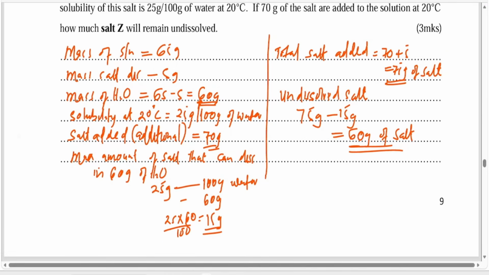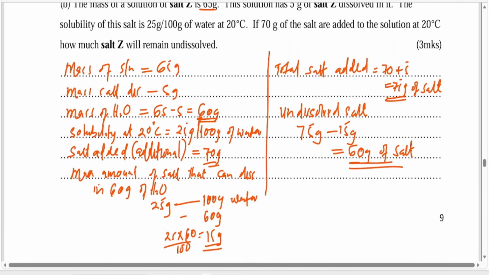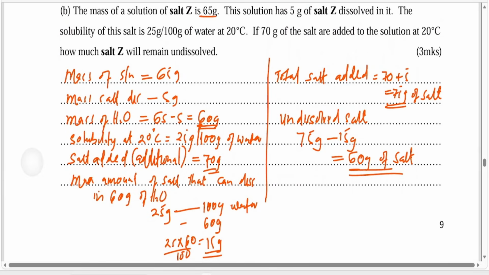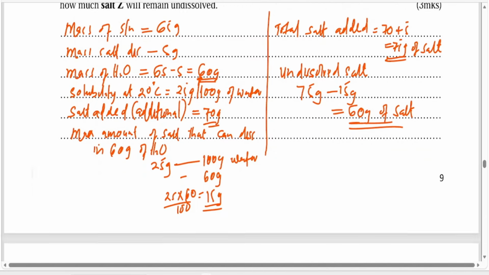All that working gives you 3 marks. Remember, we had 70 additional and 5, and our water can only hold 15 grams. So 60 grams of salt remained undissolved.